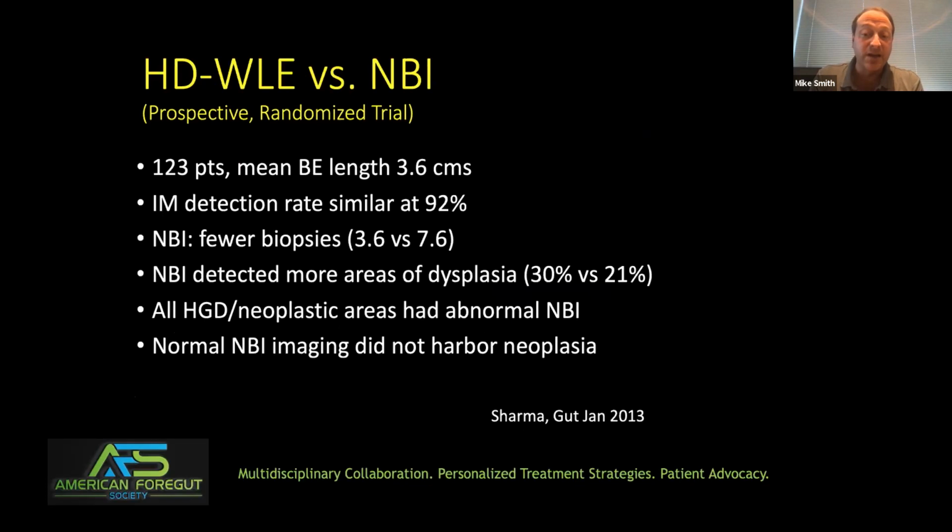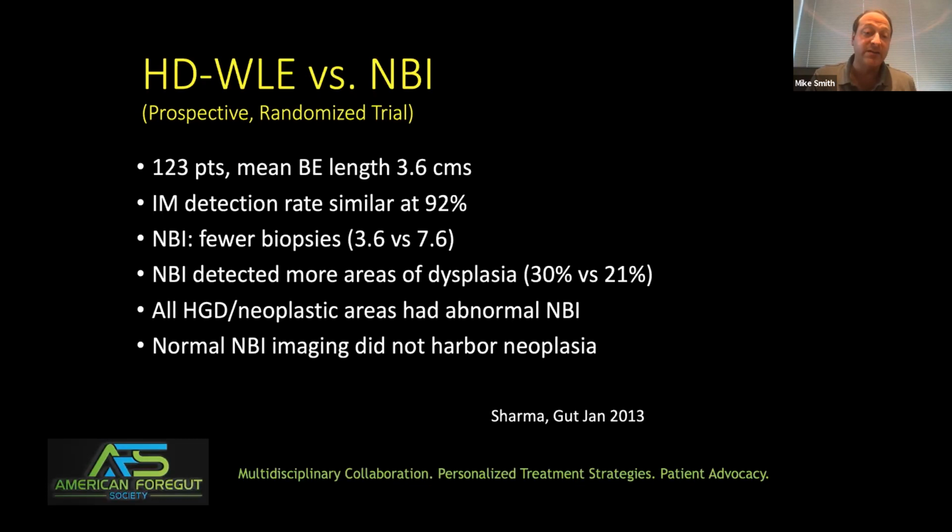In fact, there's another study by Sharma published earlier in this decade, again looking at the detection of intestinal metaplasia being very similar in both the white light and the NBI groups, but the NBI patients had fewer biopsies taken and detected actually more dysplasia, by about 50% over what was detected by using the white light only.